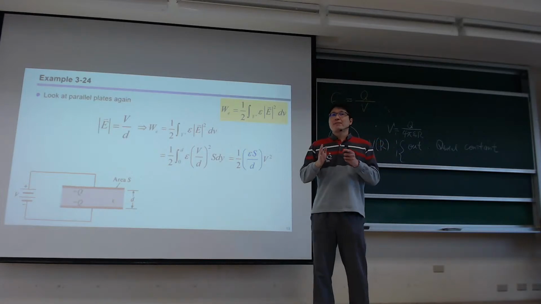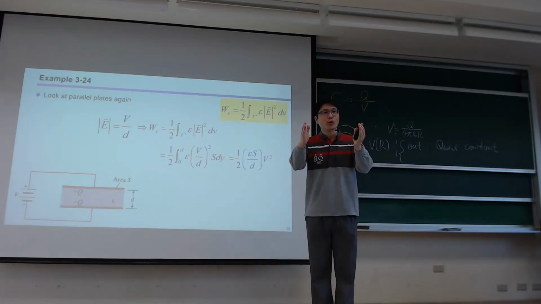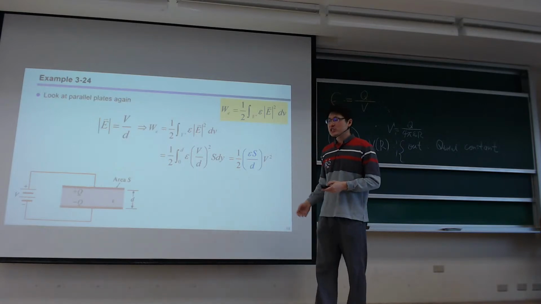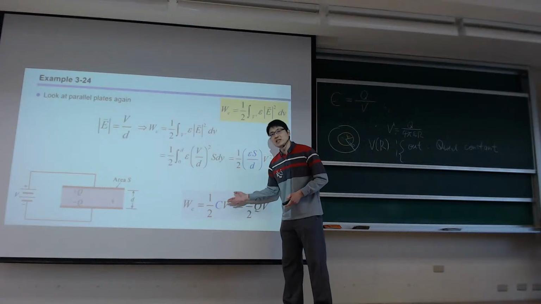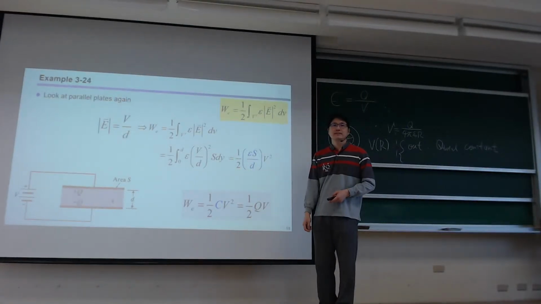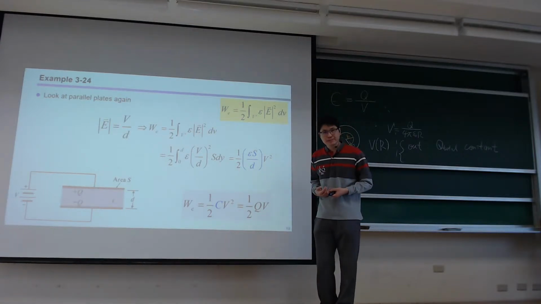This is actually something you were forced to memorize as a high school student. The energy stored in the capacitor is 1 over 2 CV squared, right? But now you know where it's coming from.